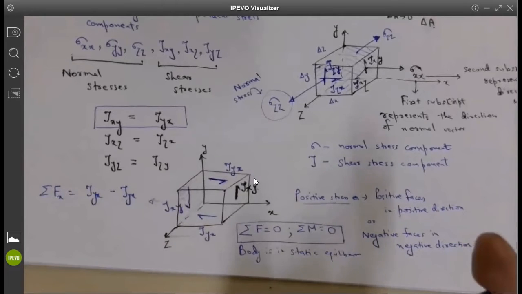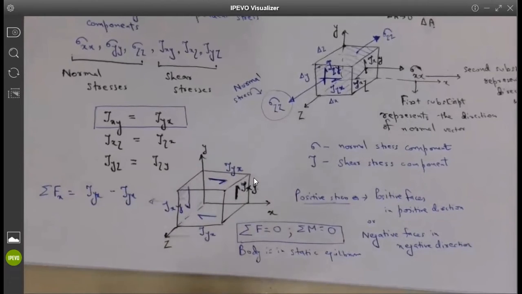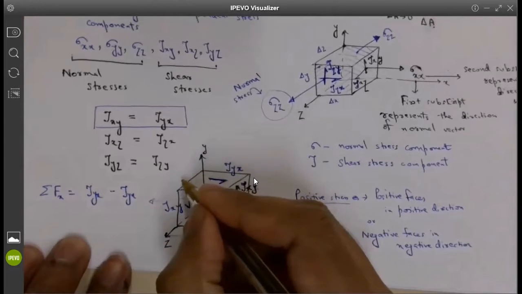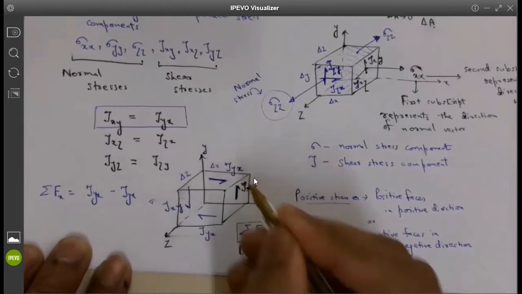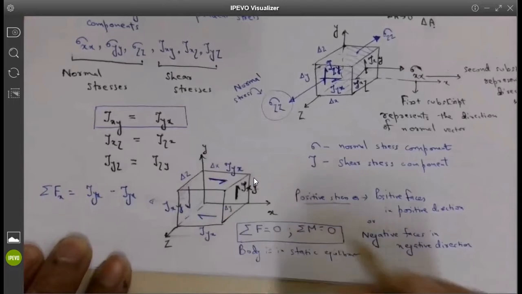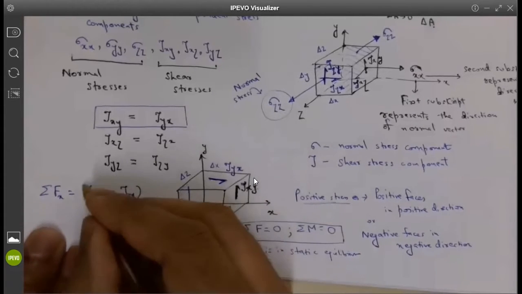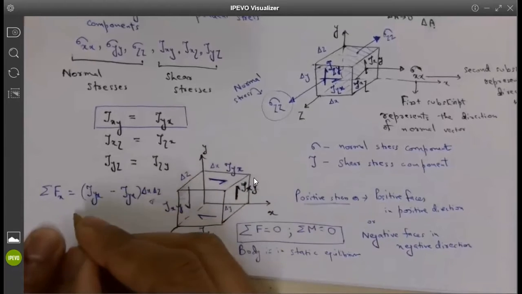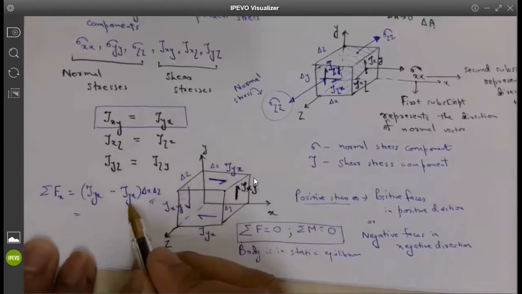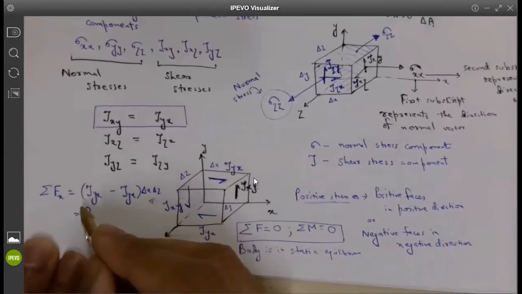We have to multiply by the area. Perfect. So what will be the area? Remember, this is delta z, this is delta x, and this is delta y. So it would be delta x times delta z. Perfect. So that's what you are missing. And what is this equal to? 0. Perfect. So summation of Fx equals 0.